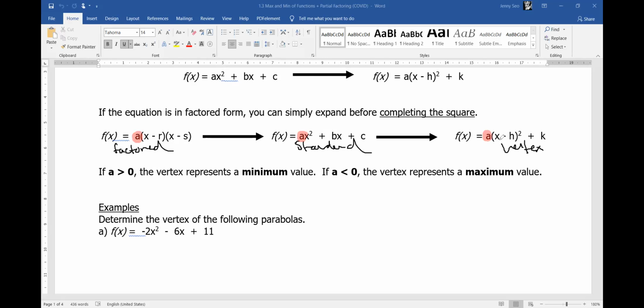Every single form has an A value in front of it in one way or another, and that will help you identify whether it is positive, which means it's right side up. And of course, if the A value is negative, it's going to be upside down. So no matter what form you get, you can look at the very first value, the x squared value, and check if the coefficient is positive or negative, and that will tell you exactly what direction it's moving. Any questions so far?